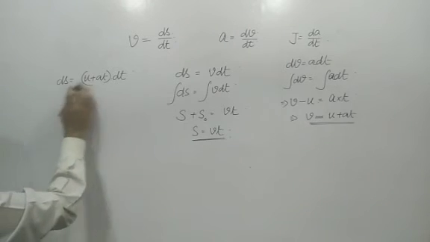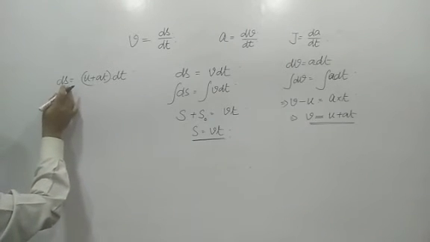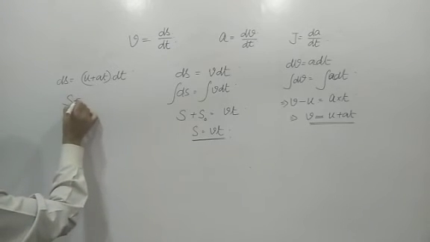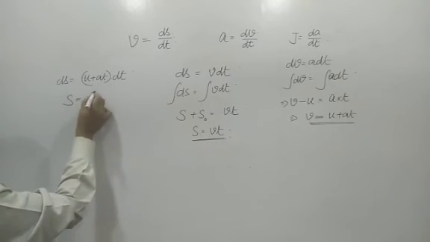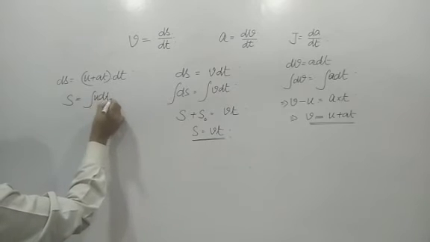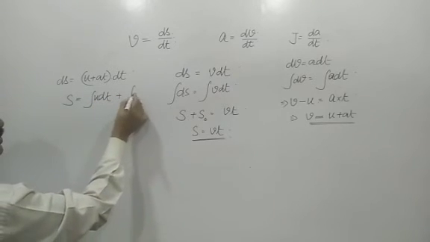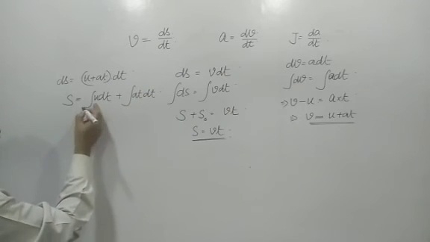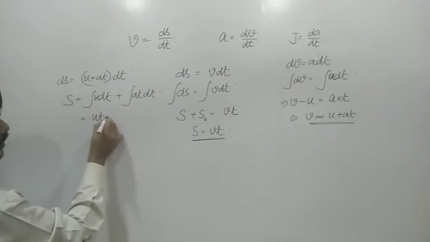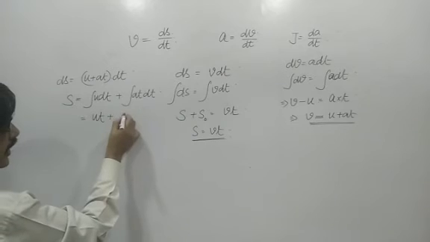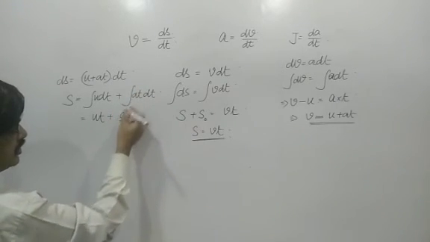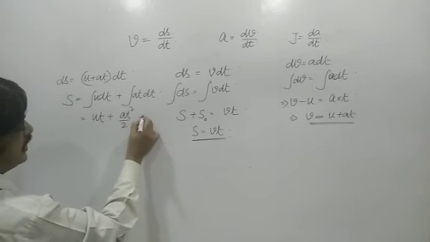Now integrating both sides, you can write the integration of ds gives you only s equals integration of u dt plus integration of at dt. It gives you only ut plus at²; t having power only 1, so it must be t²/2, plus a constant c.